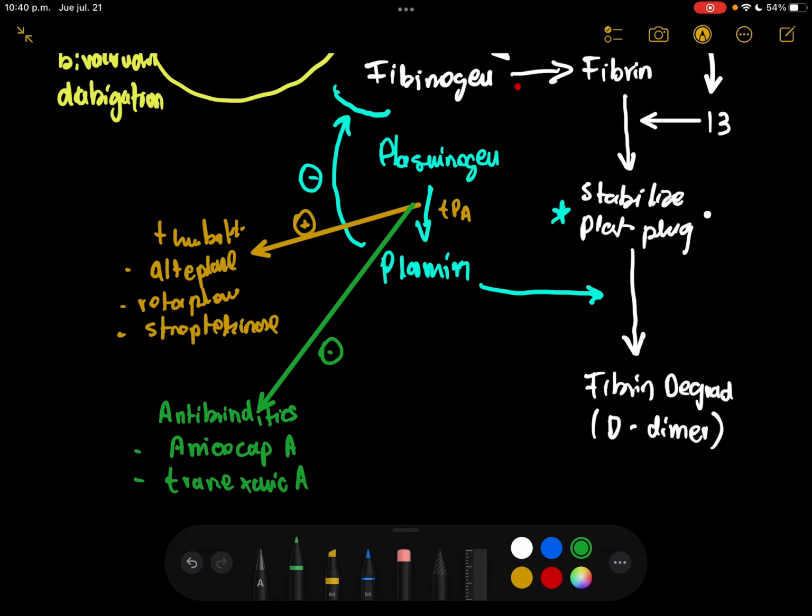So these two drugs are going to allow or enhance the coagulation, the platelet clot formation. Okay, put that in mind. And really important, TPA is an enzyme that is the target of a lot of drugs. Okay.